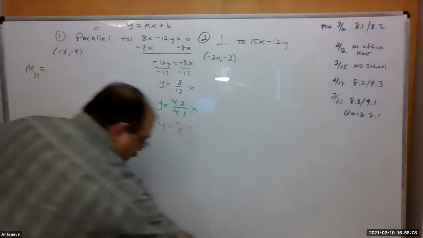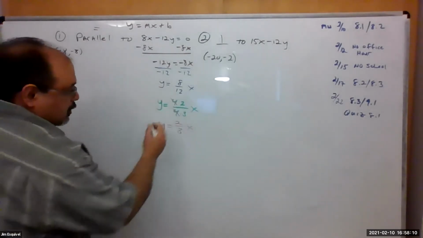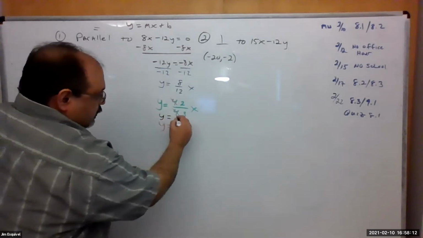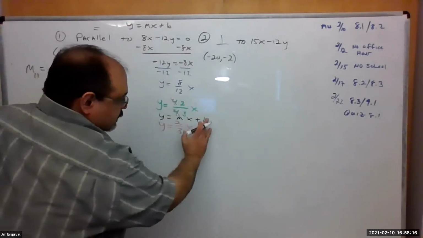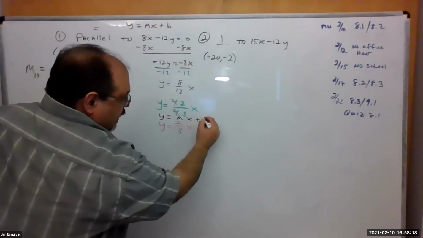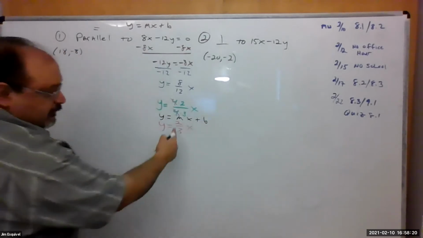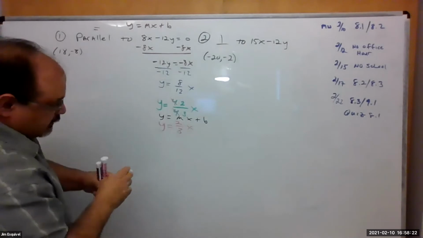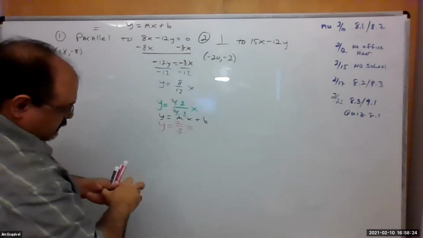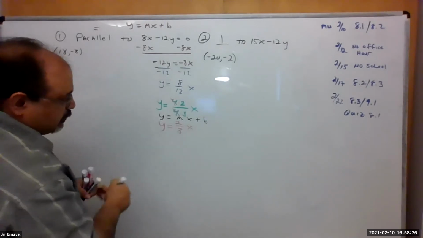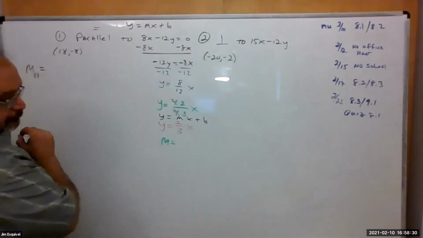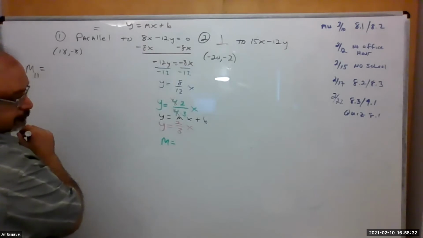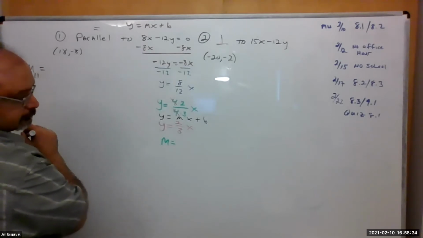So there is our y equals mx plus b. Whenever you have y by itself, you have mx plus b on the other side. So what is the slope that we just found? Two-thirds, or 2 over 3.